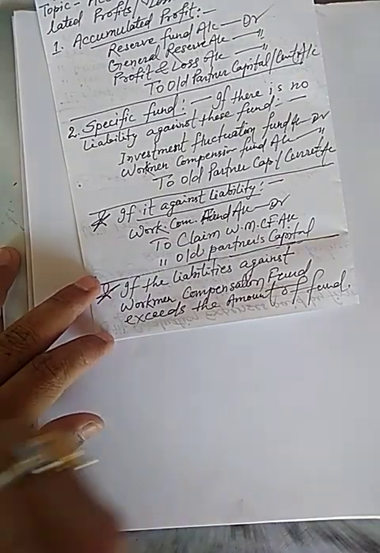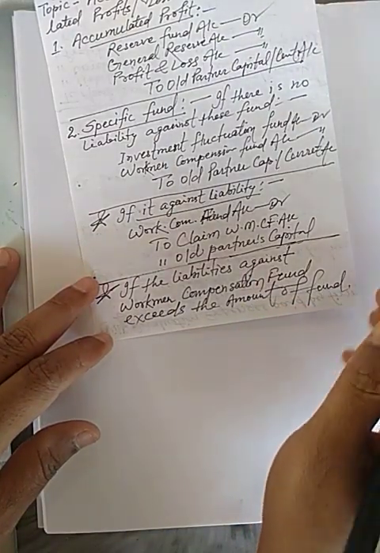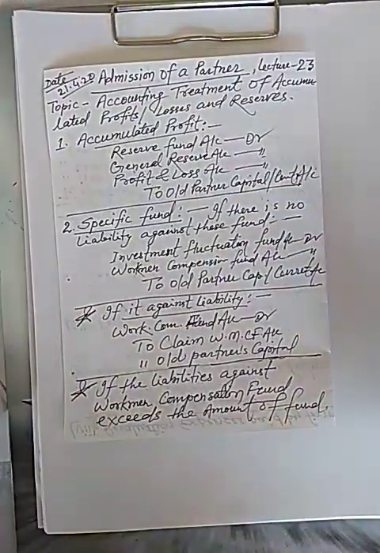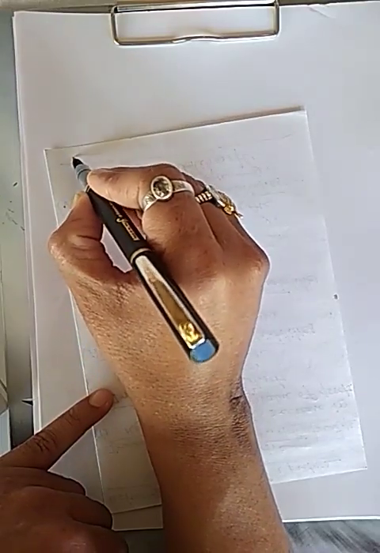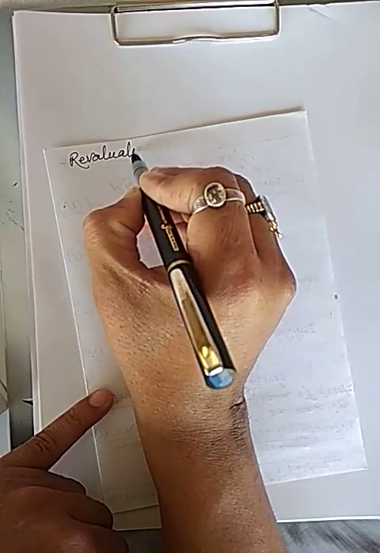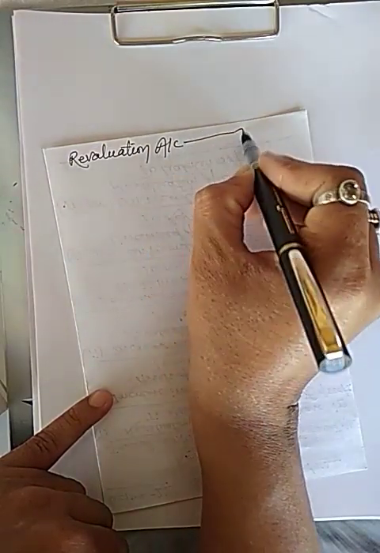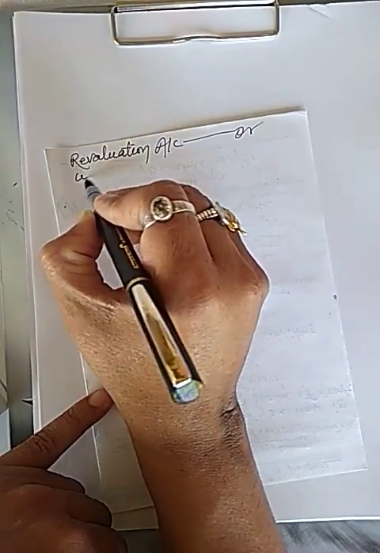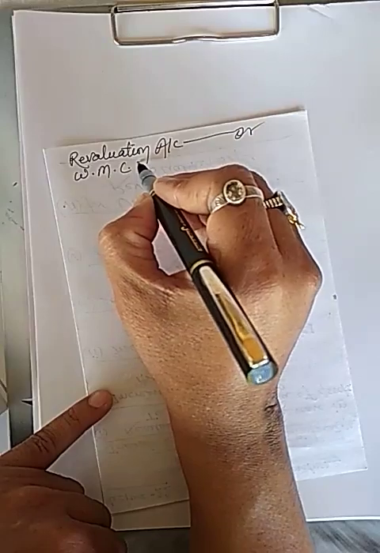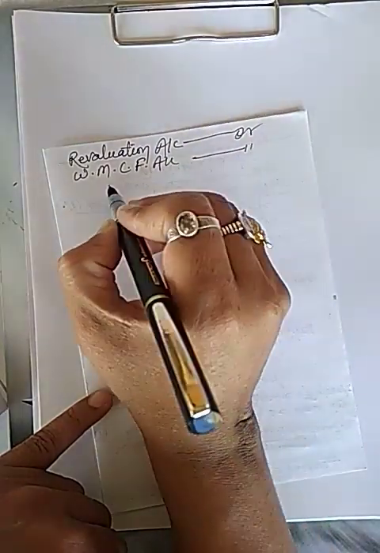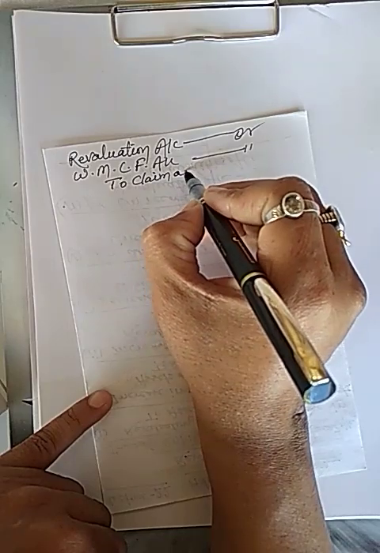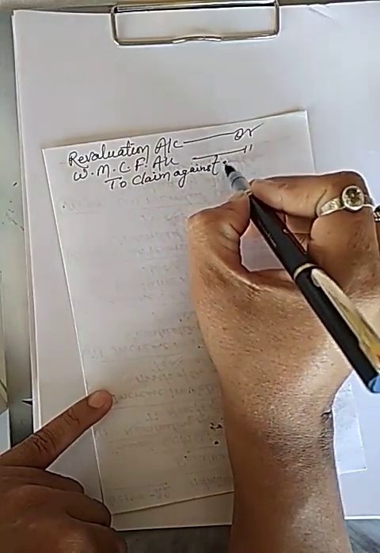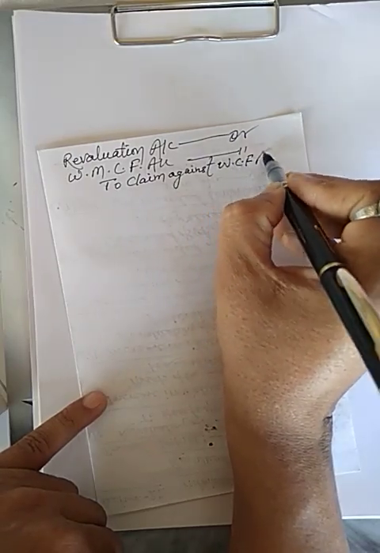The excess amount will be charged to the revaluation account, and the journal entry will be: Revaluation account DR, workmen compensation fund account DR, to claim against workmen compensation fund account.